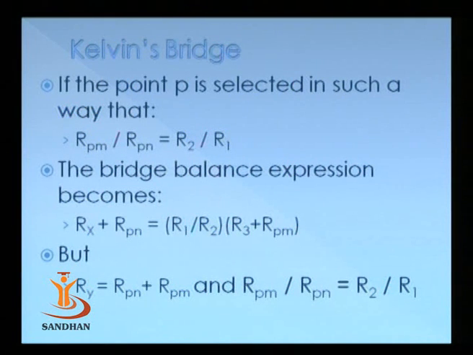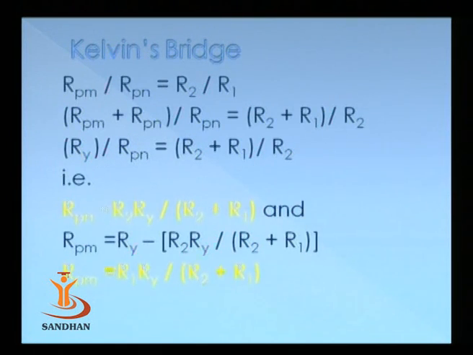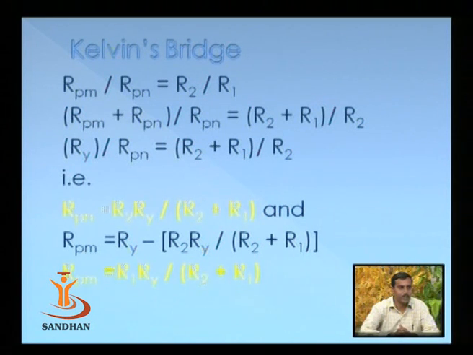But as we have defined, Ry is equal to RPN plus RPM, that is the total contact resistance, and RPM upon RPN is equal to the ratio of R2 by R1. This gives a solution with RPM by RPN replaced, and ultimately RPN is defined as R2 Ry upon R2 plus R1, and RPM is defined as R1 Ry upon R1 plus R2.